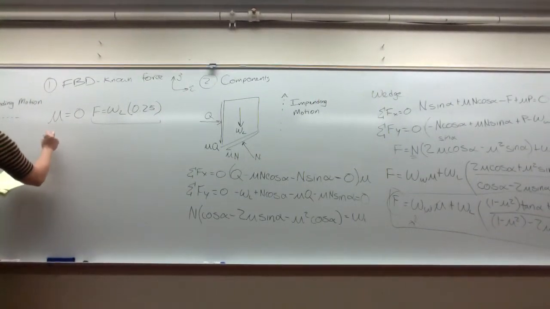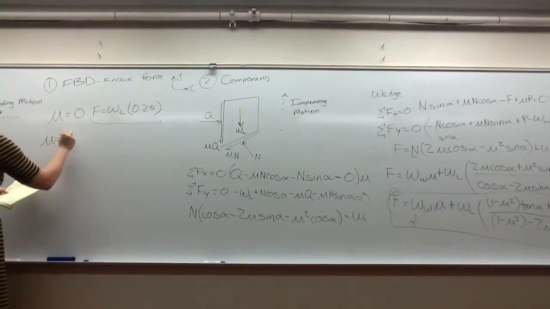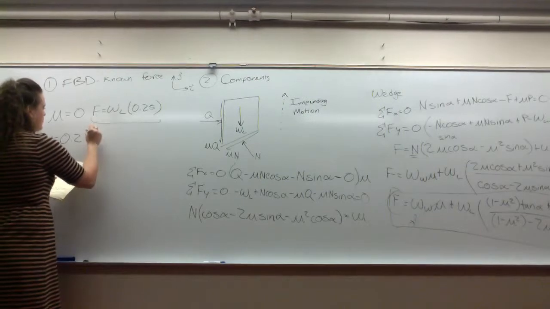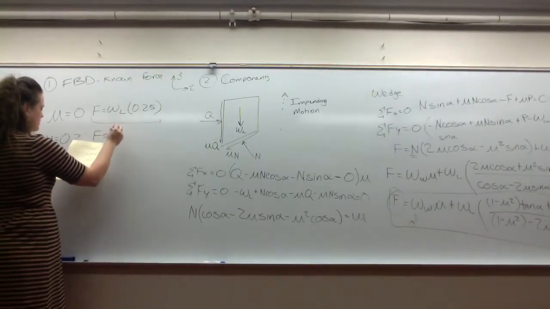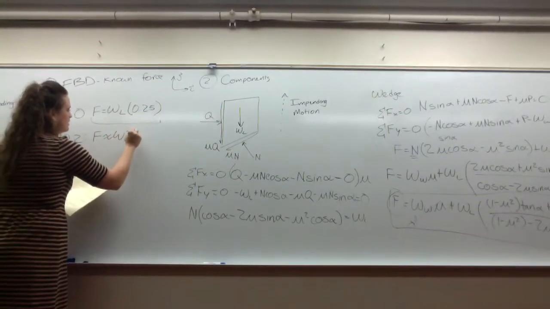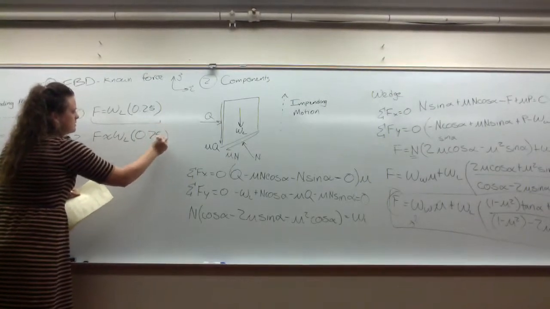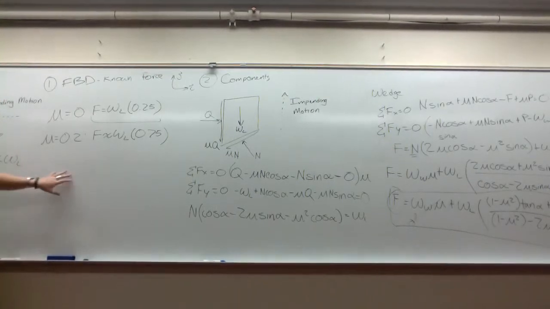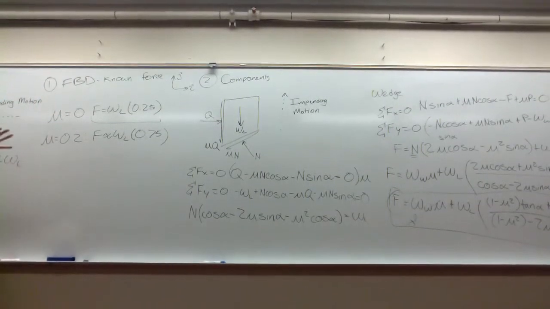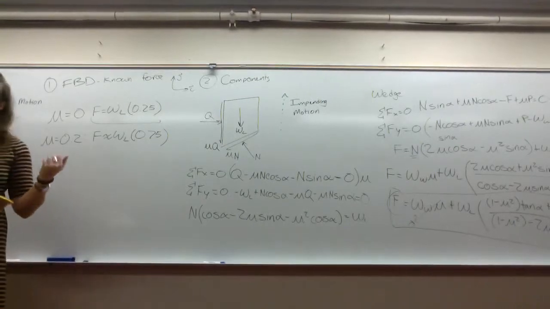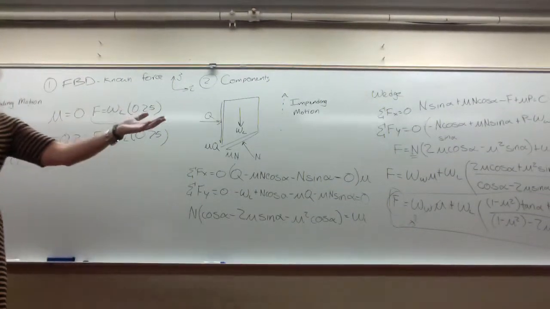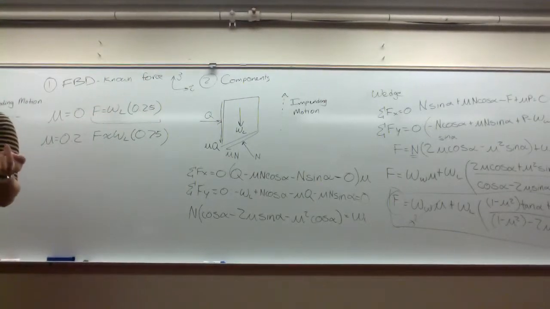So if we have a coefficient of friction of 0.2, you end up with your force equal to WL times 0.75. So that input force is larger than it was on a frictionless surface. However, we still have a mechanical advantage because the input force is smaller than the required output force, which is the weight of the load.